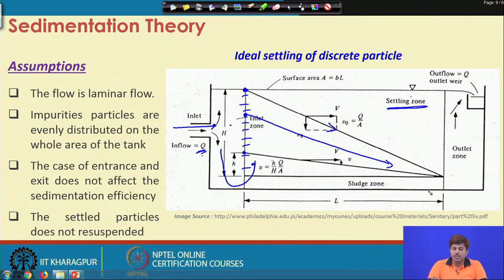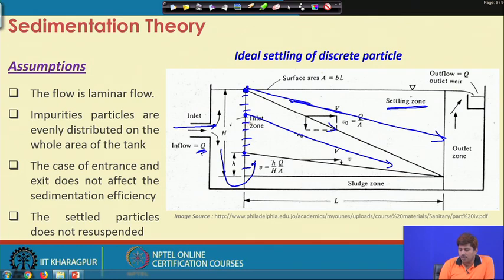So, the particle will obviously be moving in an angular direction, coming downward. If it is a big enough particle with higher settling velocity, it may come down here. A small particle entering at the same point may have a lesser gravitational pull, so its trajectory may not be that steep and it may come here.